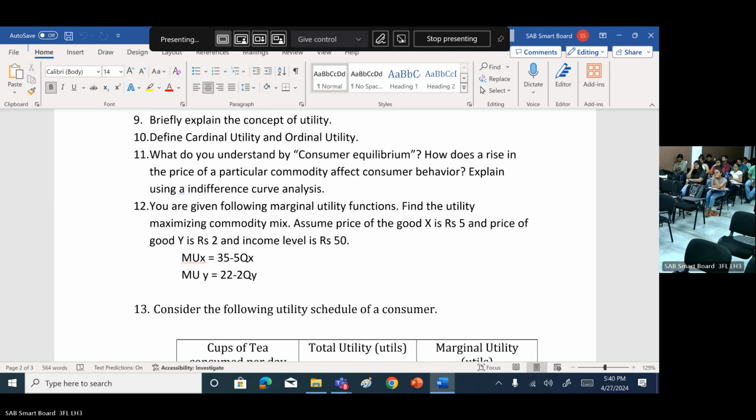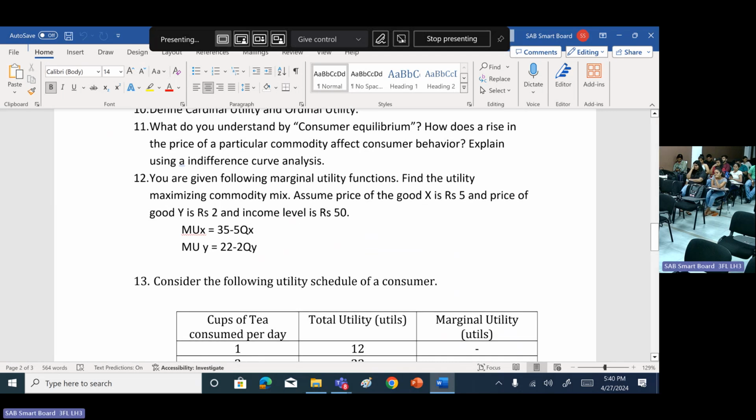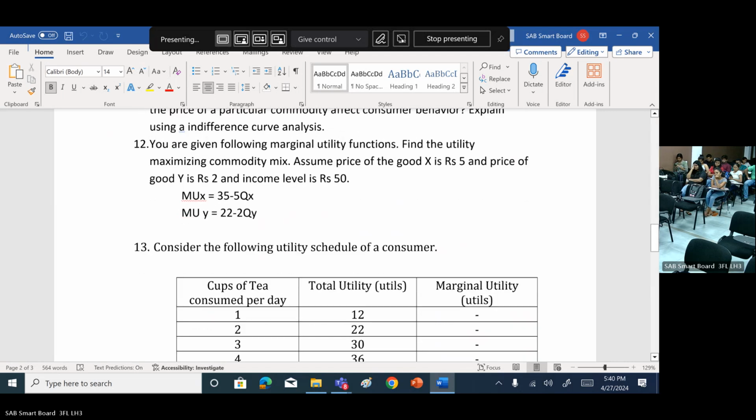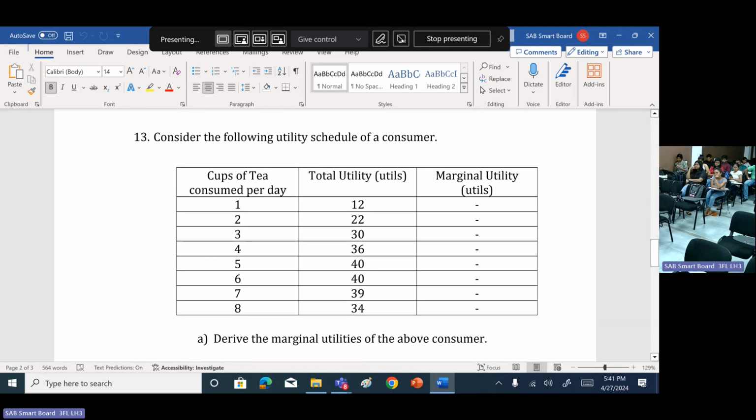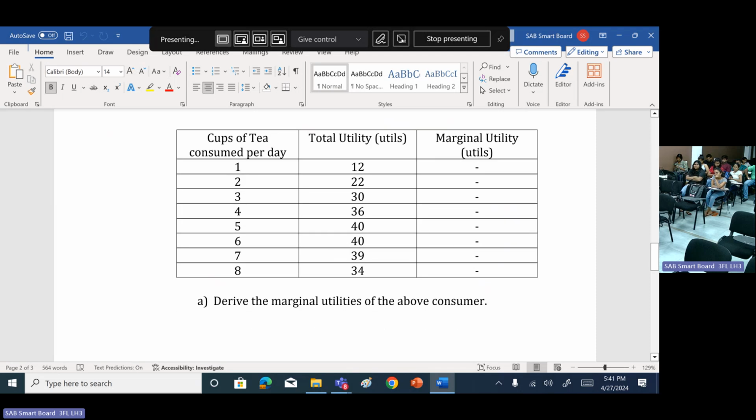You take the price ratio to form the equation. This is the diminishing marginal utility.